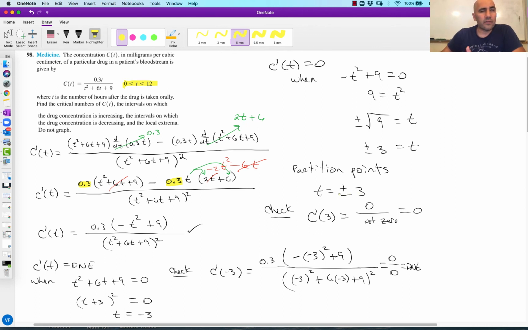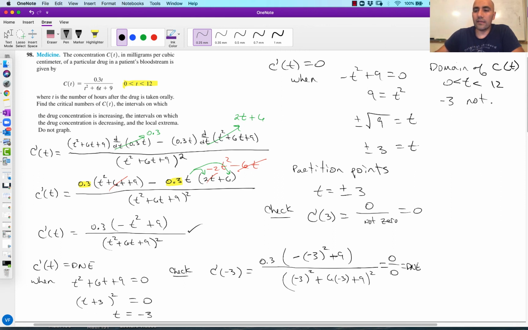What do you mean, the concentration of the drug 3 hours before you inject it into the body? That would be nothing, hopefully. So that doesn't make any sense. So negative 3 is not a critical point. The domain of C of t is given as t greater than 0 but less than 12. Negative 3 is not in the domain.